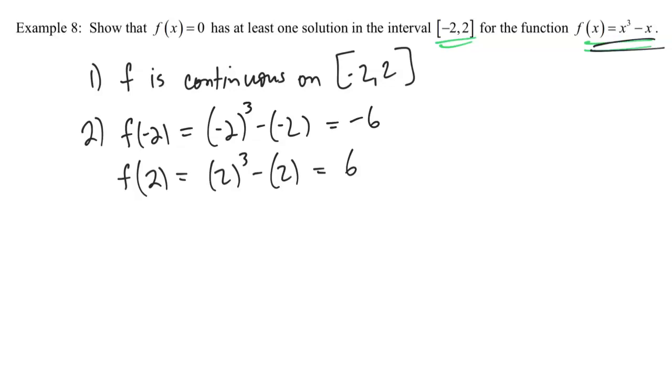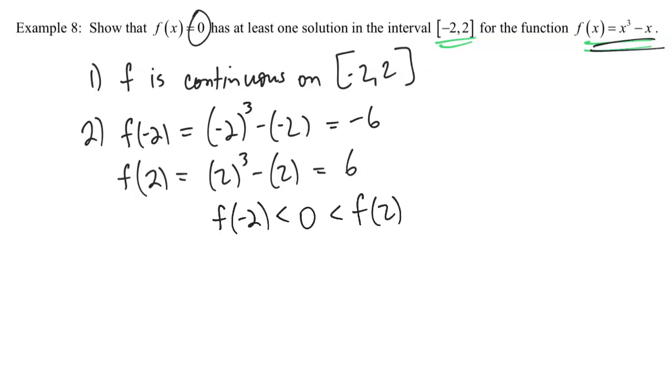Now, I wanted to show that f of x has to equal 0 at least once in this interval. So the question now that I need to answer is, does 0 fall between these two y values? And clearly the answer to that is yes. And so what I can say is that f of -2 is less than 0, which is less than f of 2.